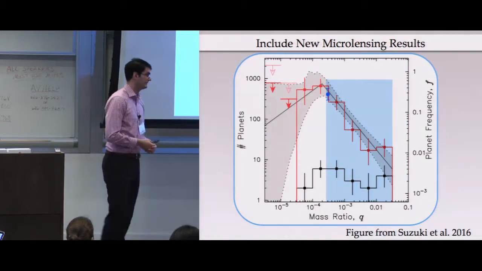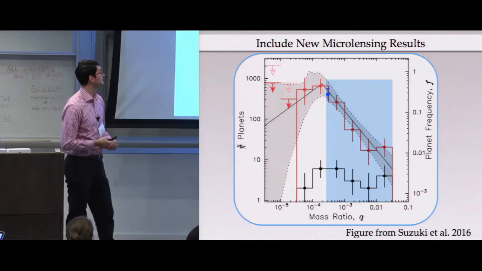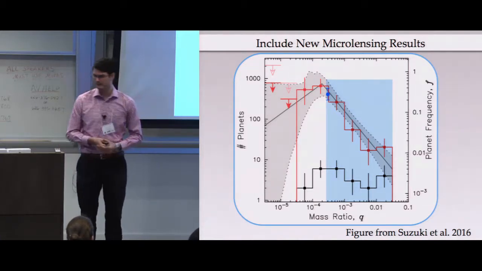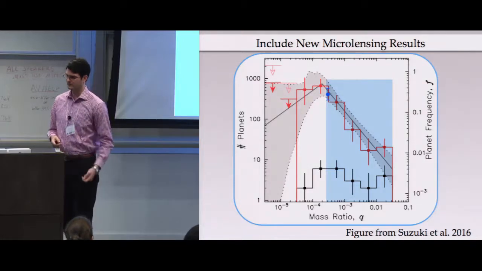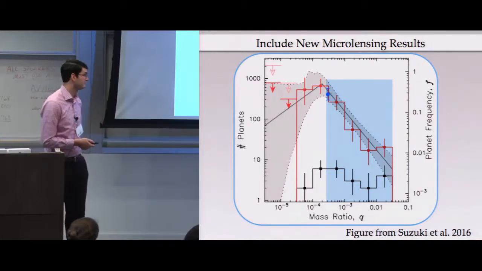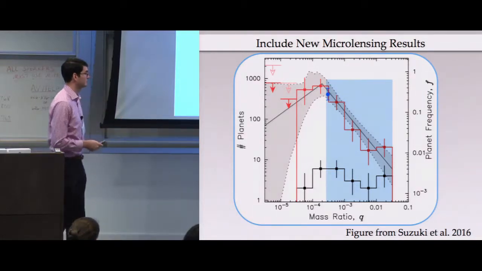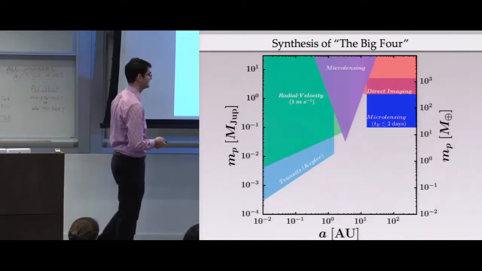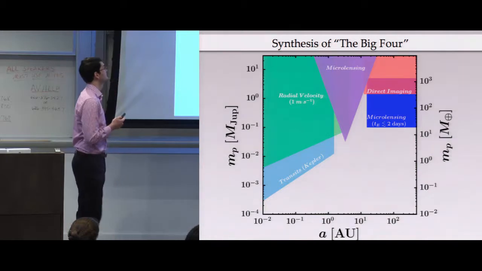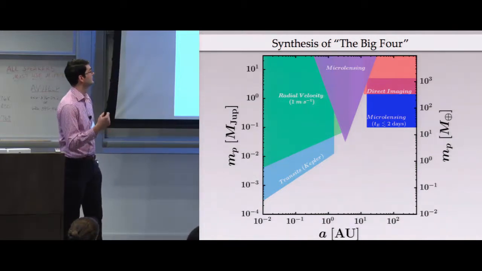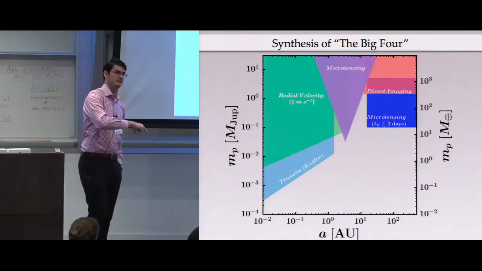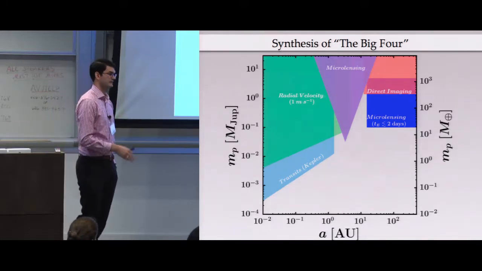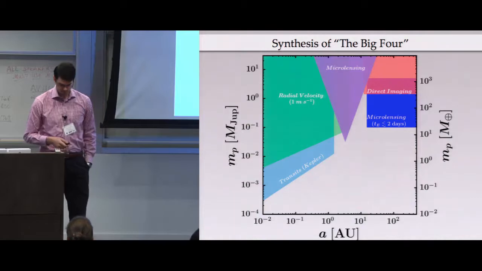I won't go over that again because he just went over it, but folding this in, because this is now the most complete survey that's been done with microlensing, would be informative and improve our statistics in intermediate separation regimes. And the next thing that should be done is what Scott Gaudi calls the synthesis of the big four. So folding in transits now into everything, and in particular Kepler, to really get the most complete picture of exoplanet demographics that we can get.